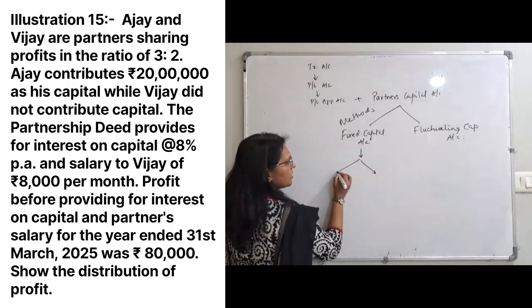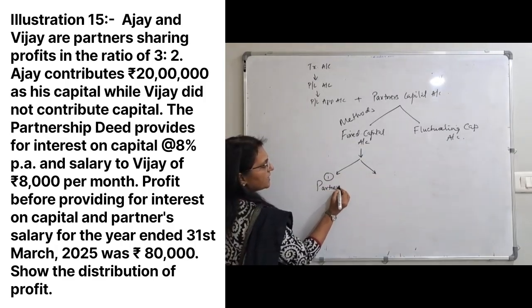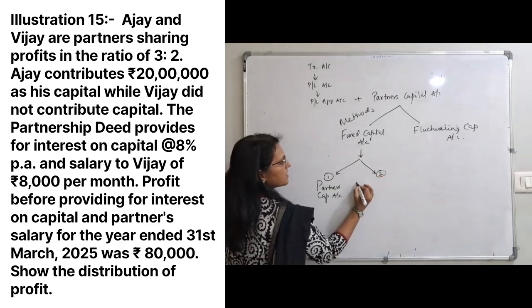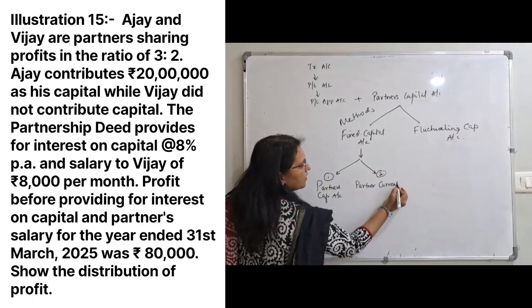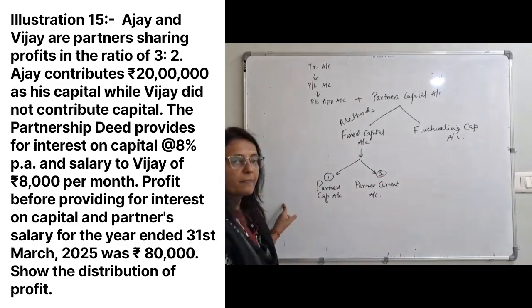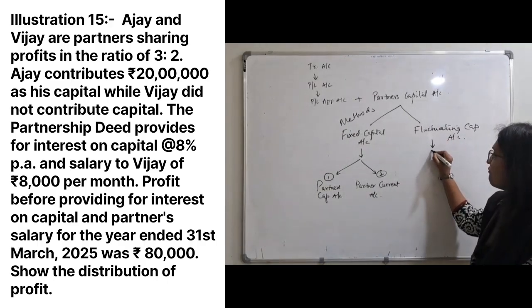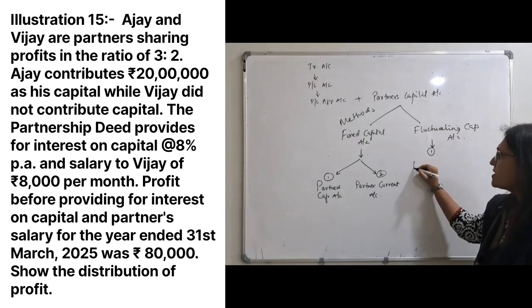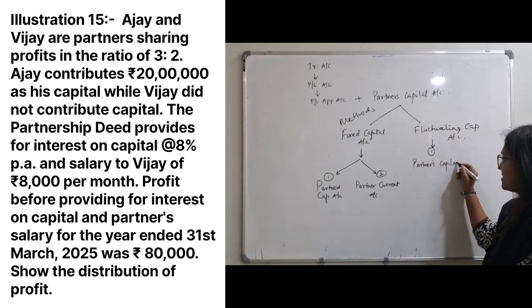How many accounts? 2 accounts. First one will be known as the partners capital account. The second account is known as the partners current account. This is under fixed capital. But under fluctuating capital, there is only one capital account which is known as the partners capital account.